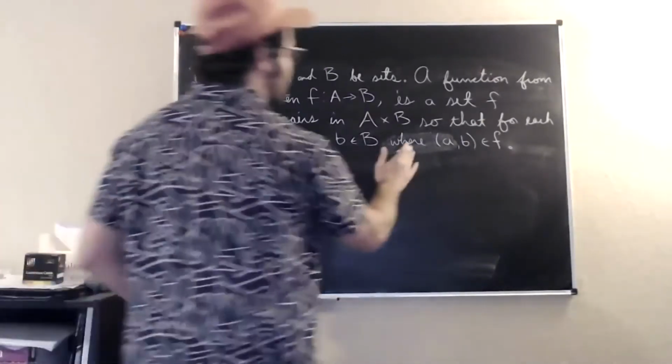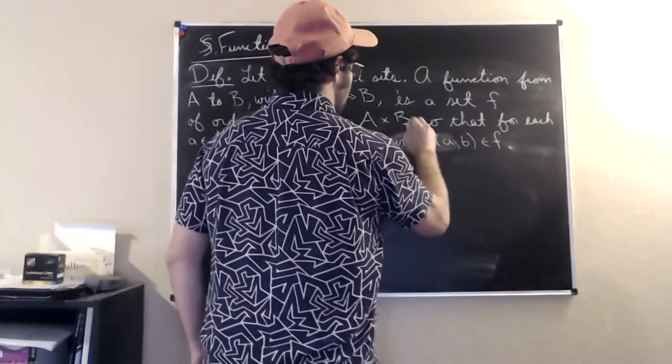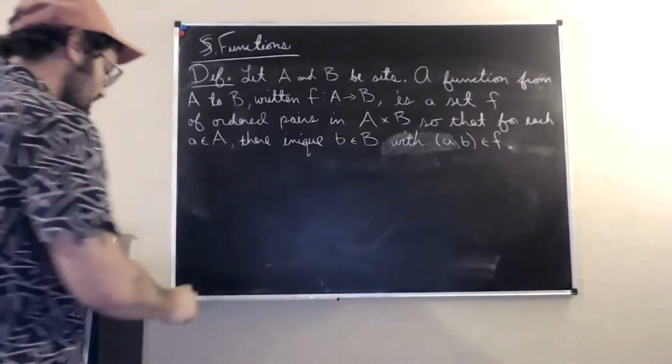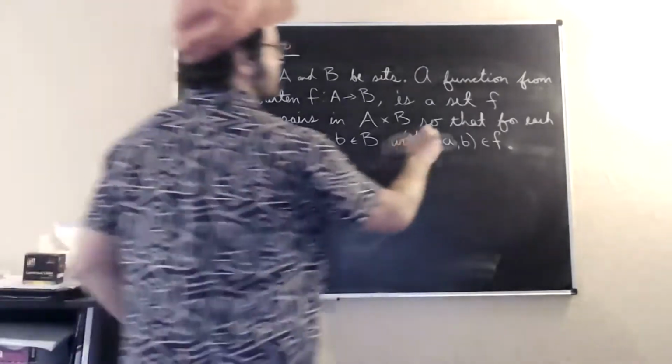Maybe not where, maybe with would be the best way to say it. Okay, so this is the definition of a function that we're going to use.